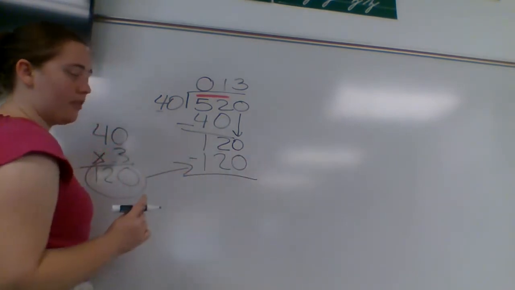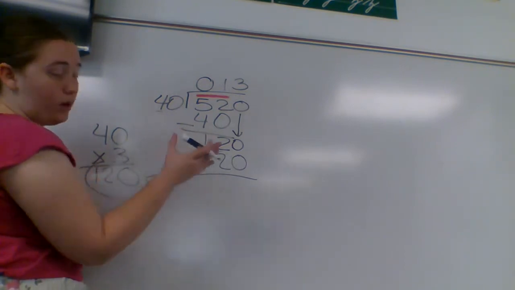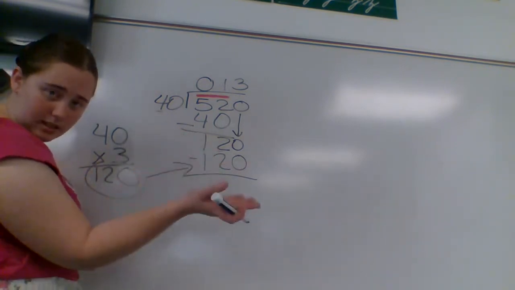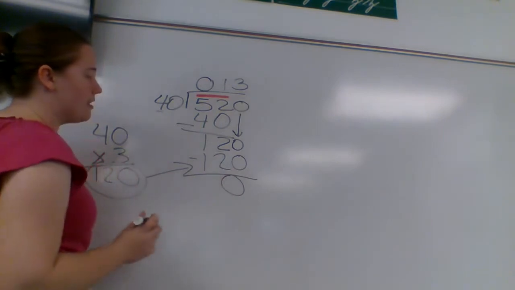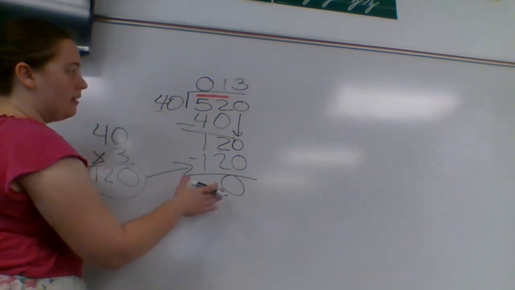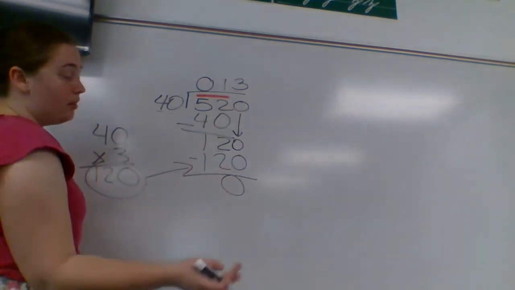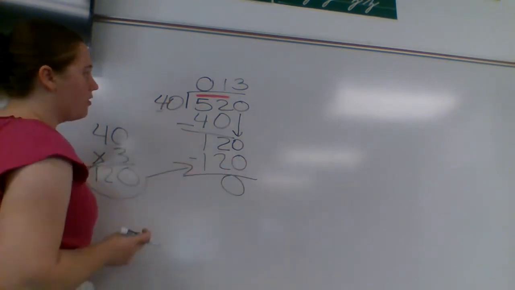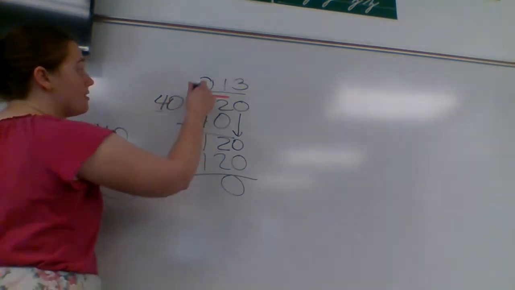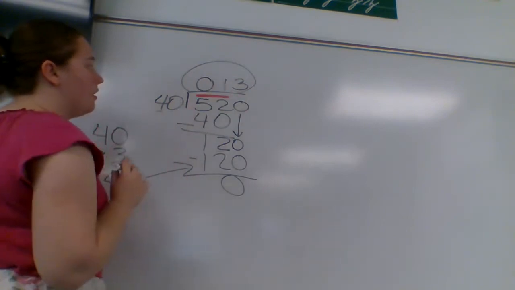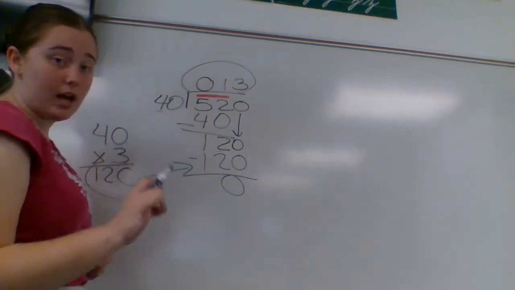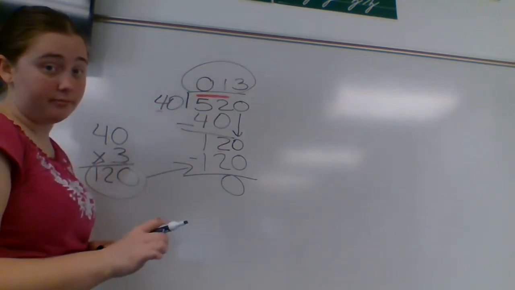And I'm going to subtract that. 120 minus 120 is 0. Write that down. And I can't bring anything else down. 0, of course, is smaller than 40, so my problem would be considered done right now. And I want you to do the check on your own for this problem.